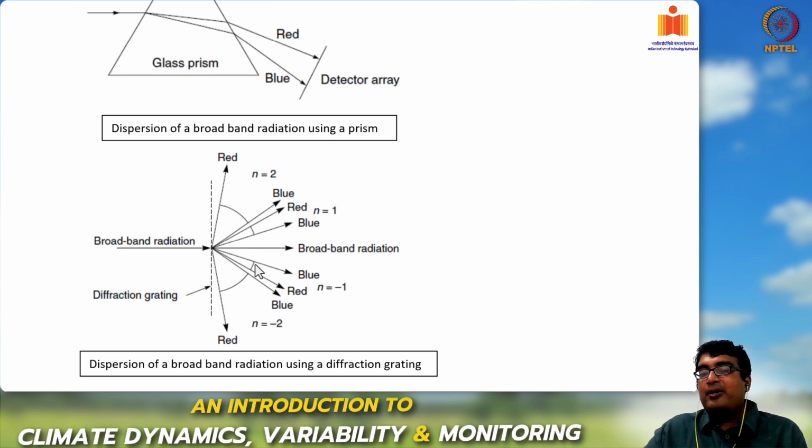This is the broadband radiation going through, but due to the interference, there are certain spectra that are obtained separating out the various wavelengths on the top and on the bottom. These are called n plus 1 or n minus 1. So if it's one spectrum to the left side, one spectrum to the right side.